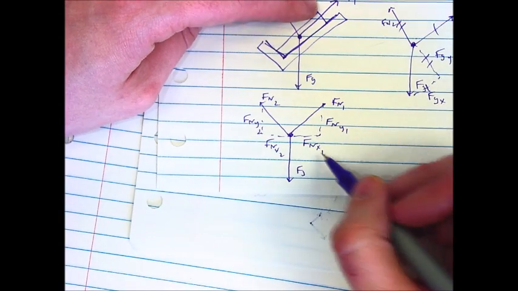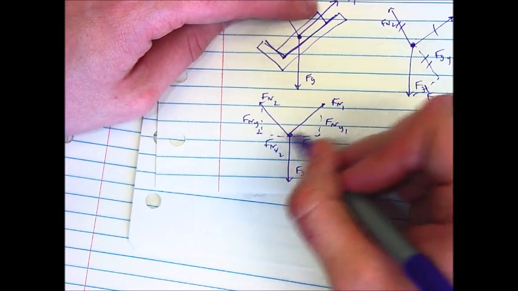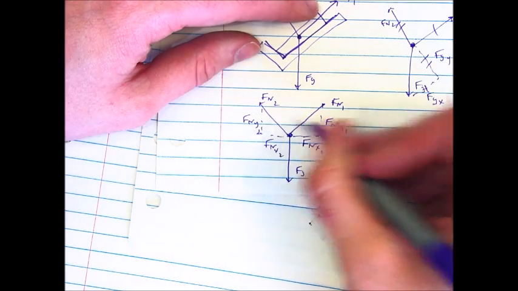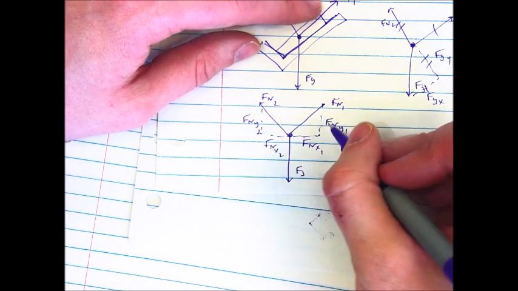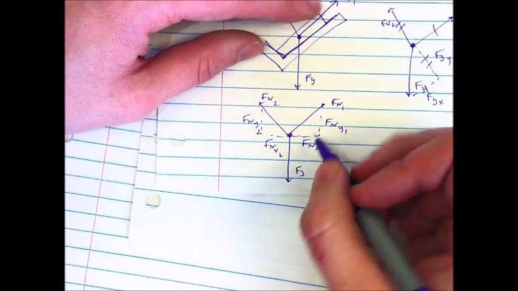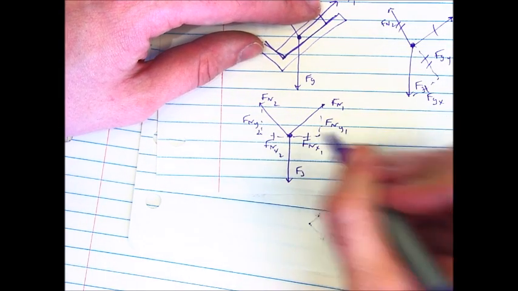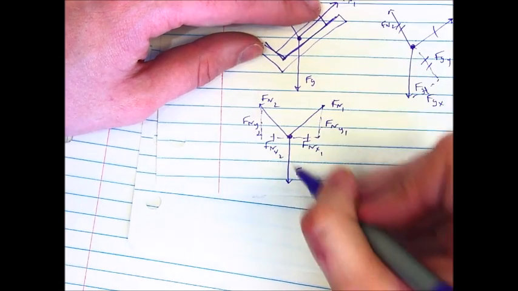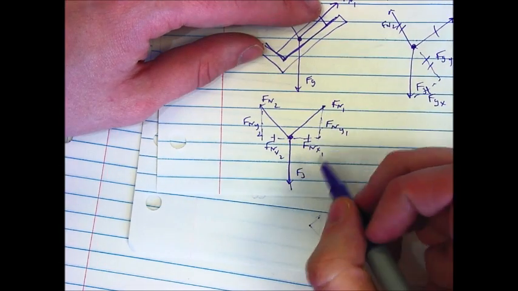Notice you got a lot more subscripts, a lot more forces. You don't know that these are necessarily equal to each other, and I think that's where a lot of people are going to make their mistake if they draw this like this. You cannot put hash marks on these. You do know that these are equal to each other, and you know that this plus this is equal to this because they should be at rest.